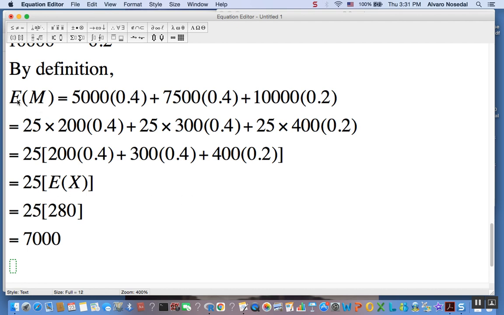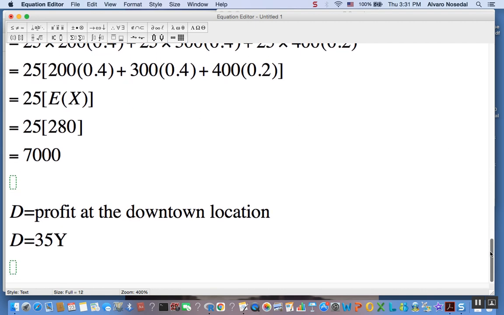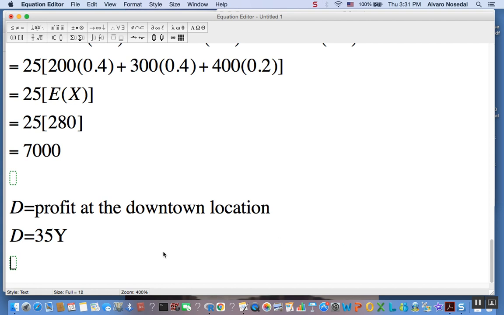So if the expected value of M was 25 times the expected value of X, chances are, and that's something that you will have to verify using the definition, the expected value of D, it makes sense that it will be 35 times the expected value of Y, which we have already found.